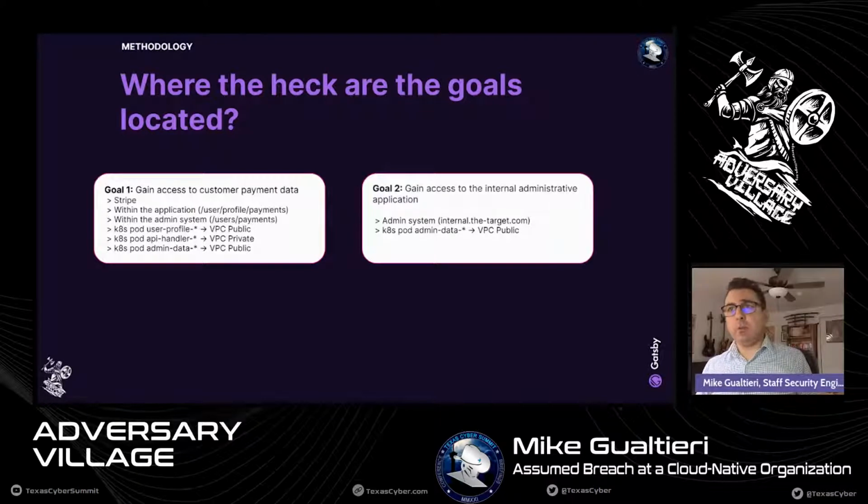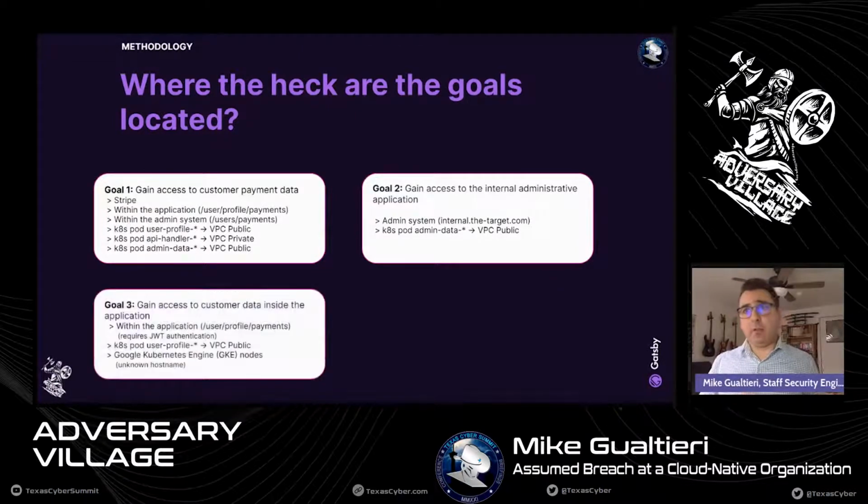Our second goal, gain admin access to the system, is pretty straightforward. The admin system is located at internal.myorg.com, and it's available at the Kubernetes pod that processes the admin data in the public virtual private cloud. Third is access to customer data inside the application.